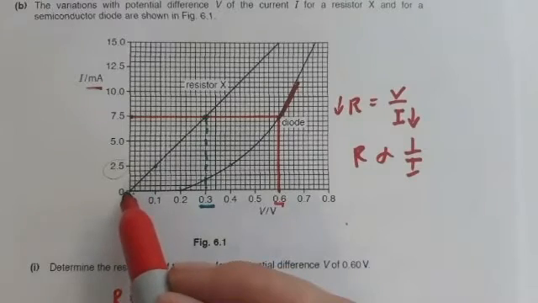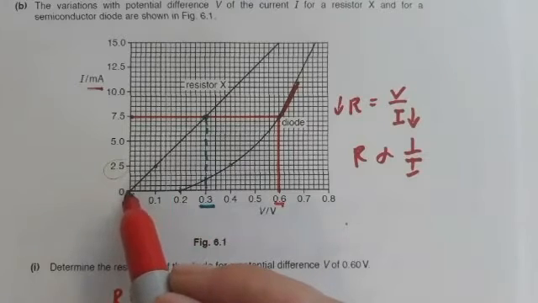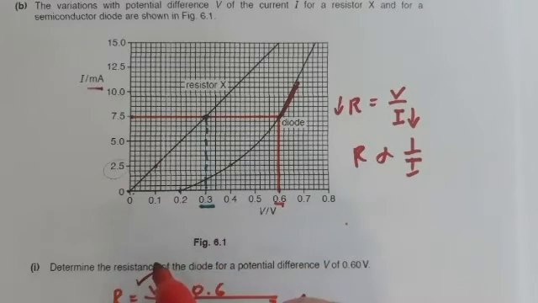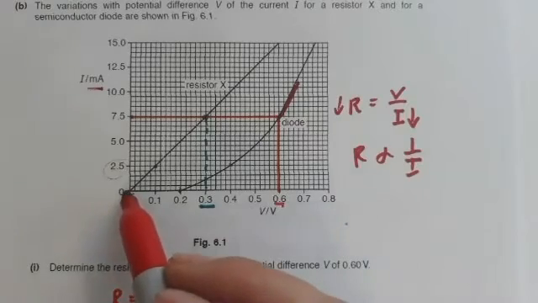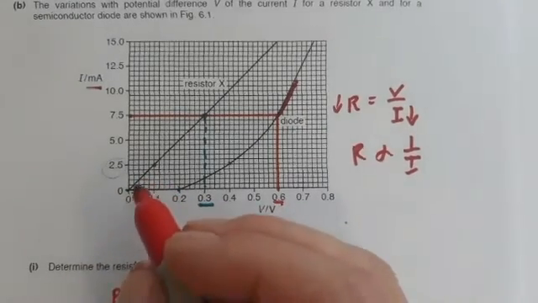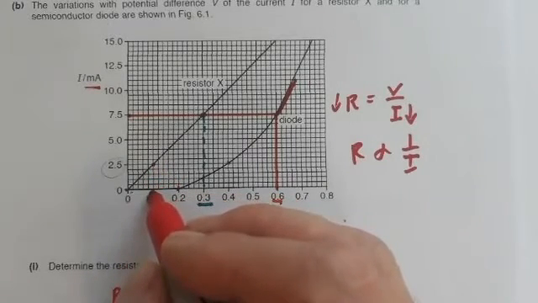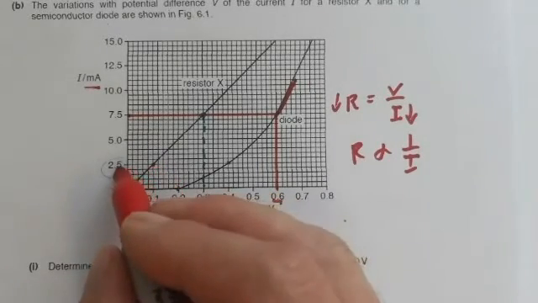At 0, the sum of the two potential differences is 0.2, so total EMF of 0.2. That's not what it is. At my next point, so I'm doing this by inspection, at 0.1 volt, my current is 2.5.